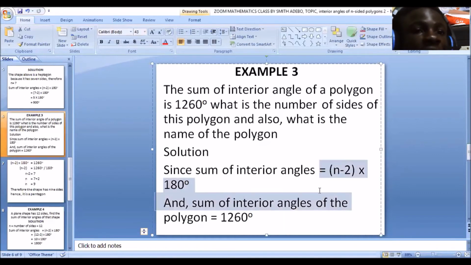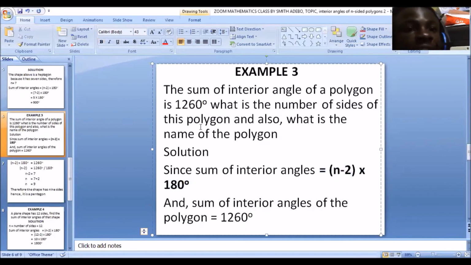This is the formula for finding the sum of interior angles. So if you equate the two, (n minus 2) times 180 degrees is equal to 1260 degrees. In that way, you'll be able to find your n.